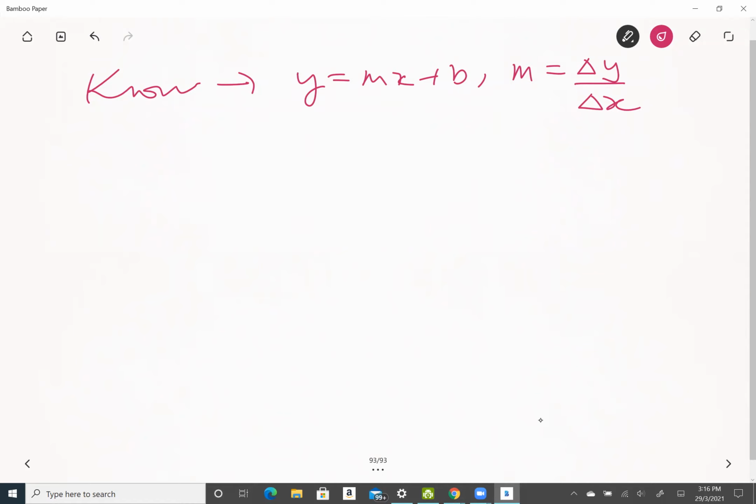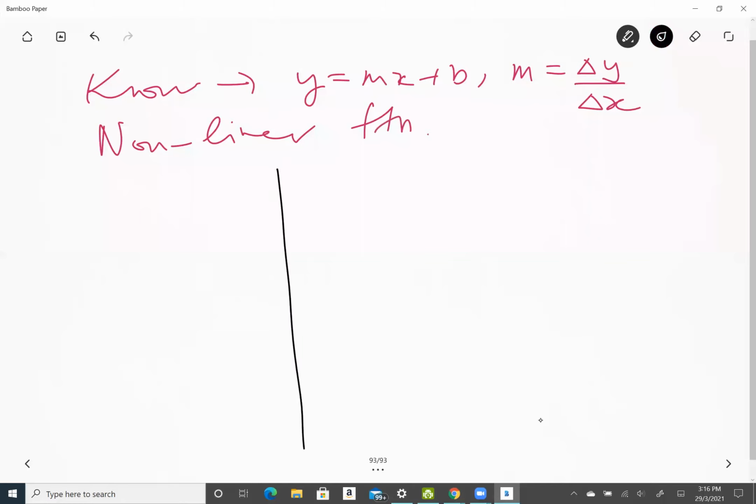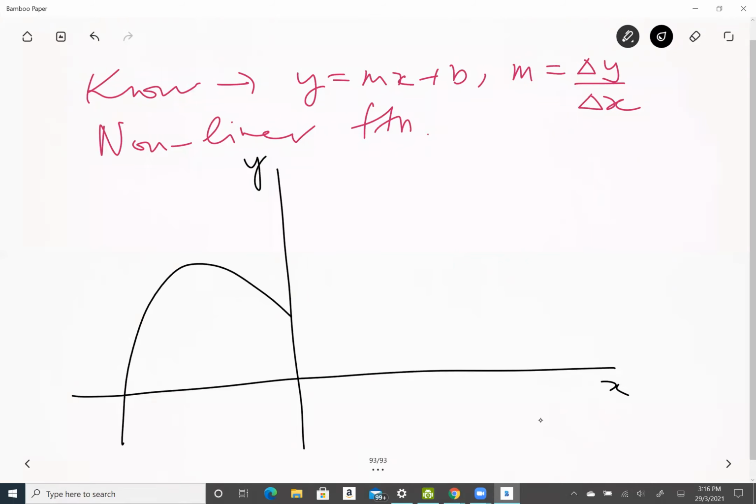Now let's look at a nonlinear function. For a nonlinear function, the line is not straight. The line is curved. You get a turn somewhere, an upward turn, a leftward turn. So let's say you have a function like this, y equal to f of x.